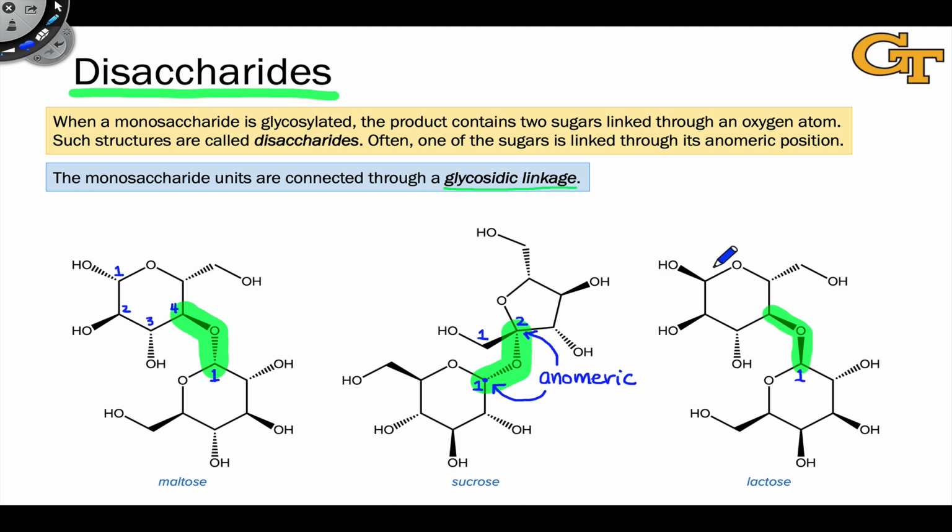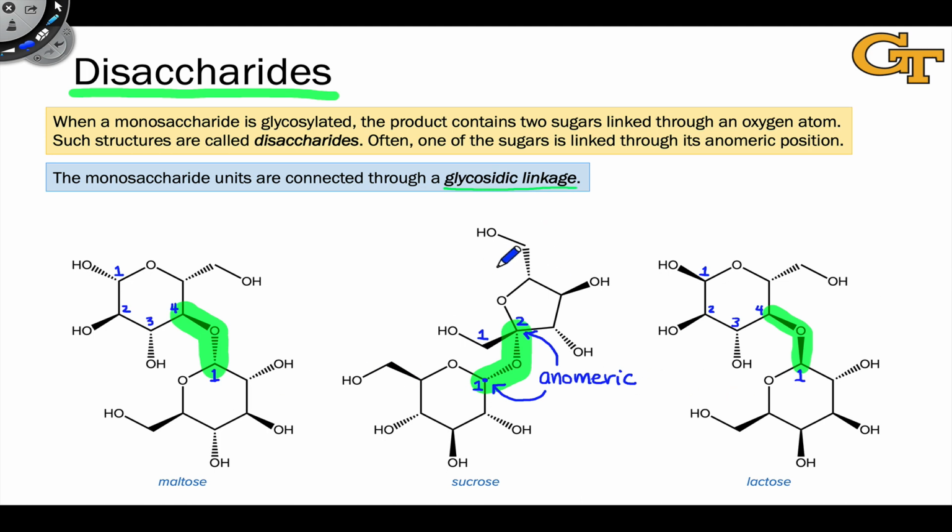In the glucose unit, we can do what we did in the case of maltose and look for the hemiacetal in this structure and start numbering the carbons from there. And when we do that, we realize that, again, carbon 4 is involved in this glycosidic linkage. So lactose is a 1,4 glycosidic linkage consisting of galactose and glucose units.